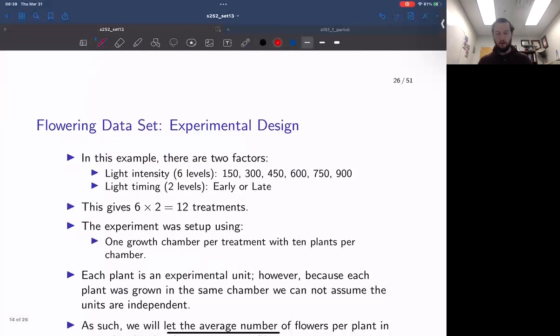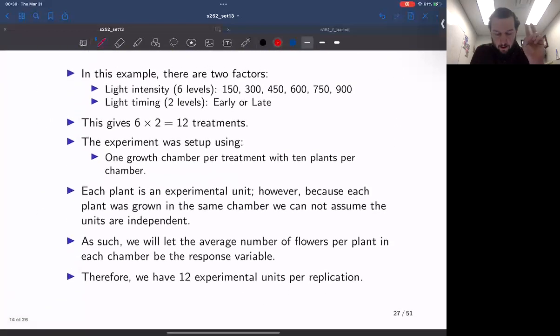Okay. So again, we have two factors, intensity and timing. Light intensity we will treat as continuous because it's numeric. Light timing we have to treat as categorical because it's a label. So you can see that the light timing variable has two levels, early and late.